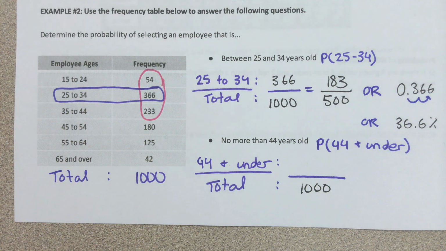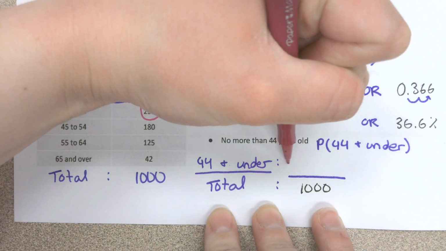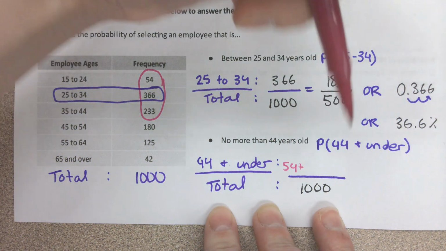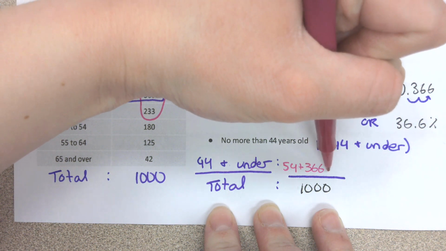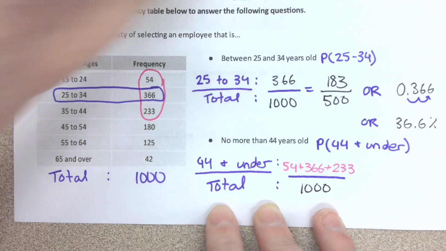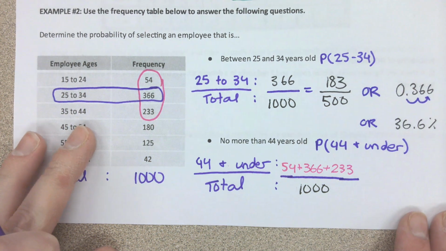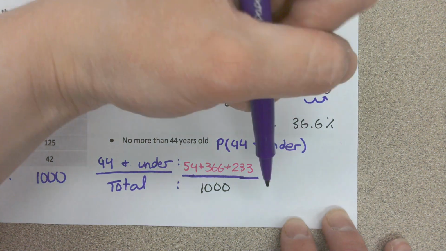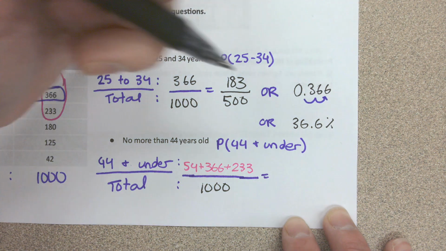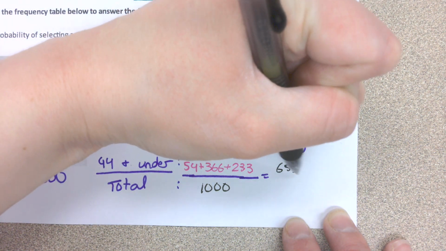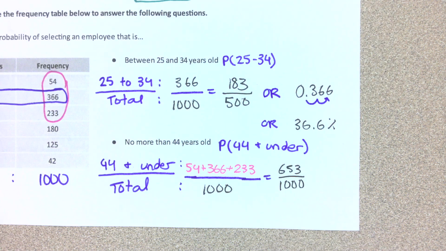So we'll add those together. 54 plus 366 plus 233. Adding those together, we get 653 over 1,000.